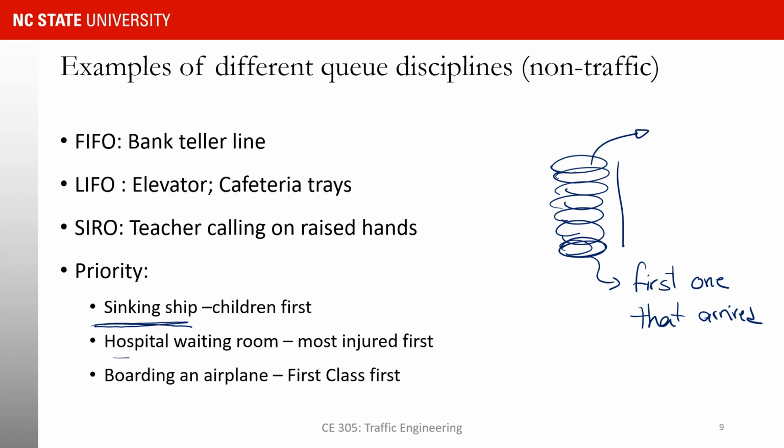In hospital waiting rooms, the most injured person is going to be the first who is going to be receiving service. Or when you board an airplane, so first class goes first and then business class and so on. So there is a priority in boarding the plane.